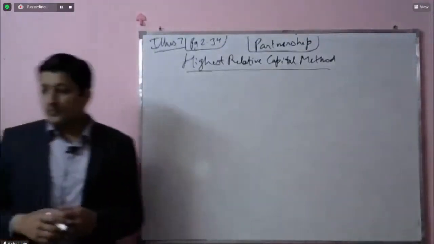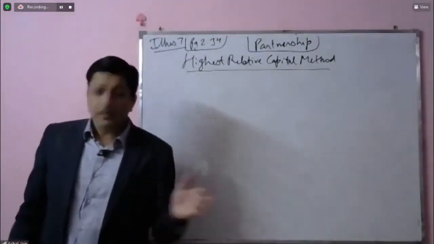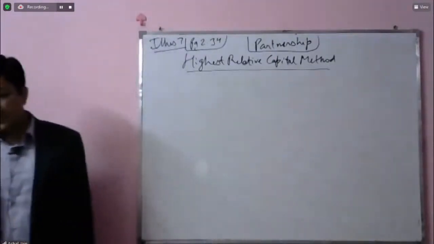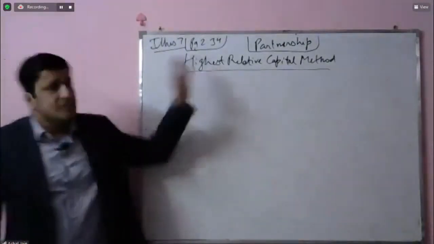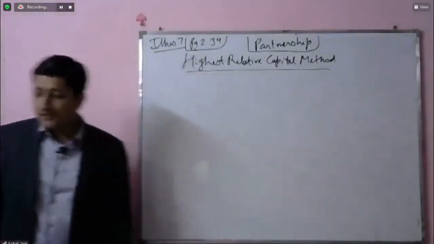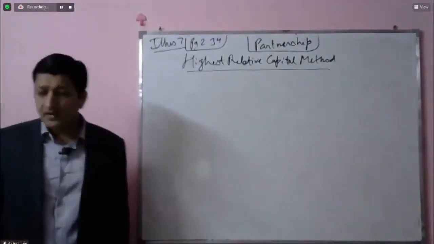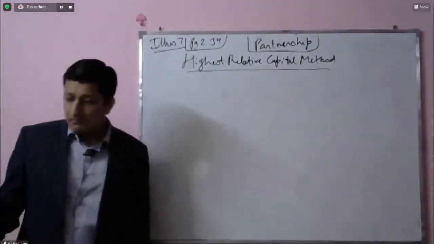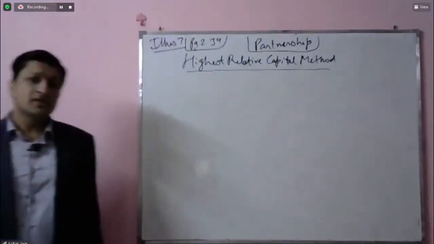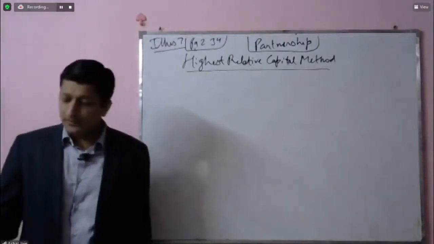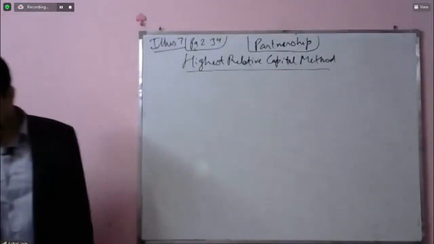It says the illustration given above, meaning illustration 7, is now worked out according to this method. So let's see if the facts are all same. You remember illustration number 7? If the facts are all same, then how do we really need to solve this or compute this distribution using this highest relative capital method?